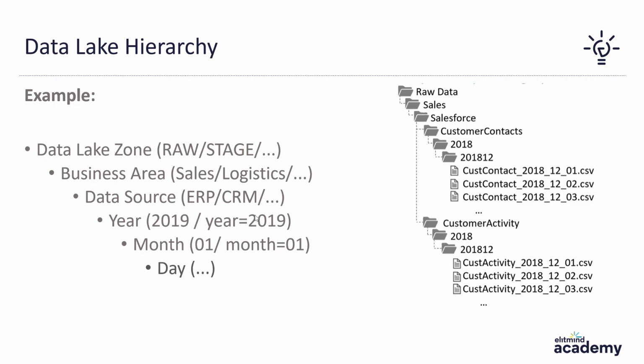To give you an example, this notation here, year equals 2019, can be very helpful from the perspective of some big data systems or databases, because they can utilize these paths to run some pruning and just make sure that they read only the data that is necessary to read to bring some analytics. So this is called filtering, and it can help to avoid reading some unnecessary portion of data.